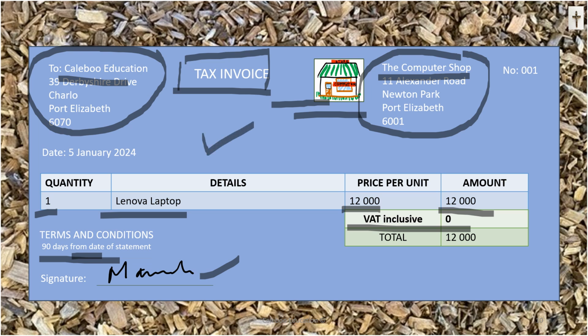The original tax invoice is given to Calibu Education, and we, doing the books, use the document to record this credit purchase.